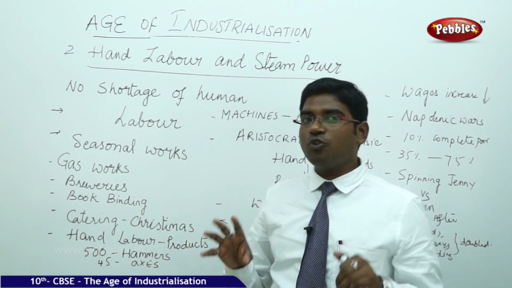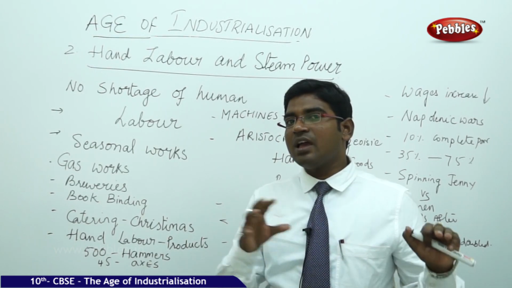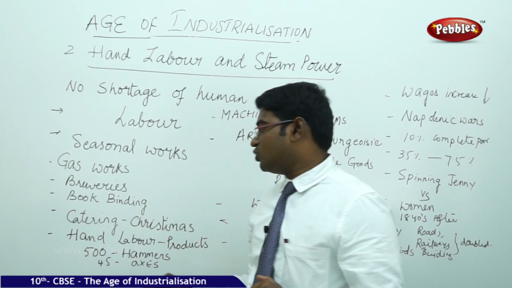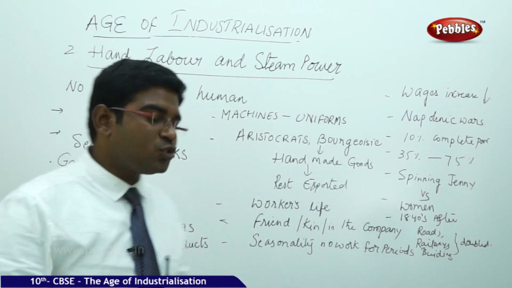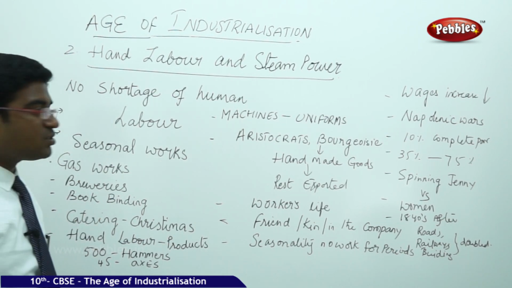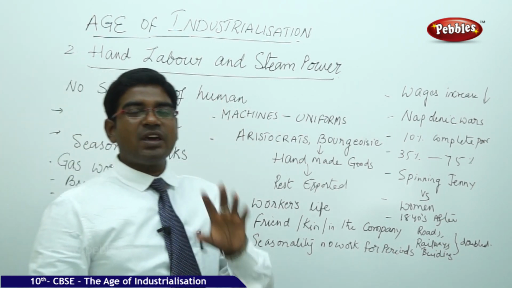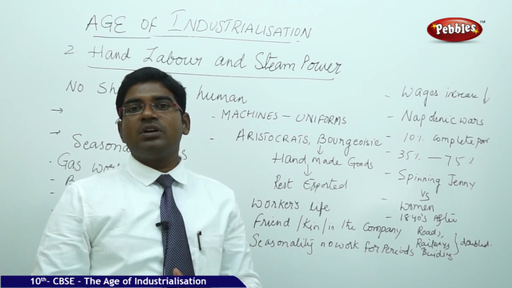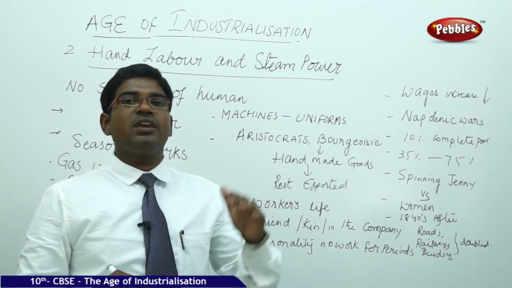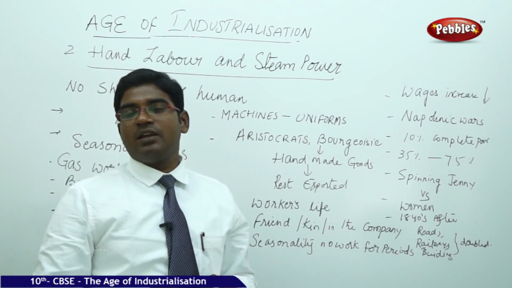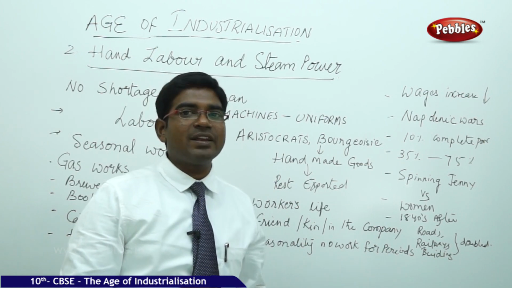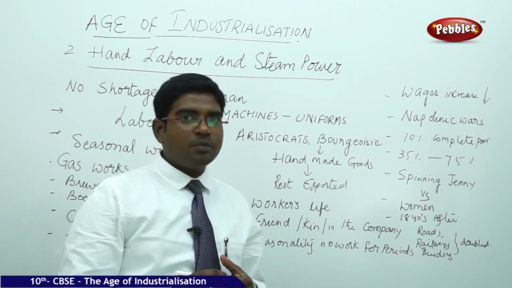So only to fulfill the needs of the aristocrats and the other groups interested in handmade goods, those people were encouraged with the 500 types of hammers and 45 types of axes, while the machines were used to produce uniform works like clothing or anything required for the abroad market. They used to export all the machinery products to other countries to earn more profits.